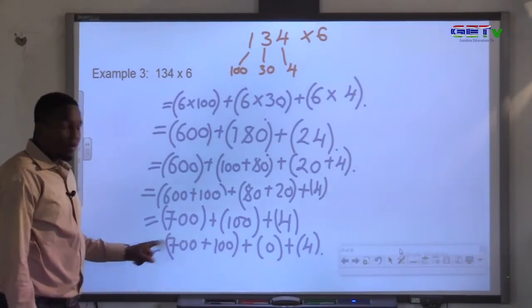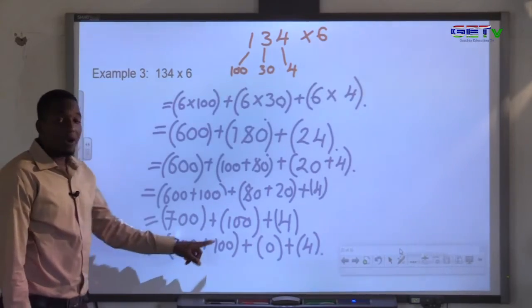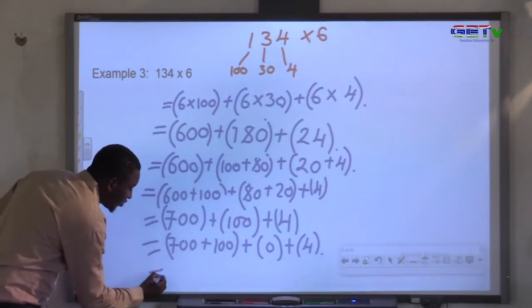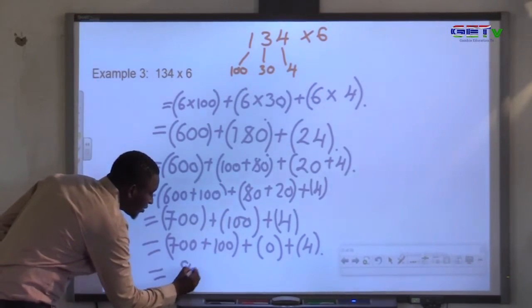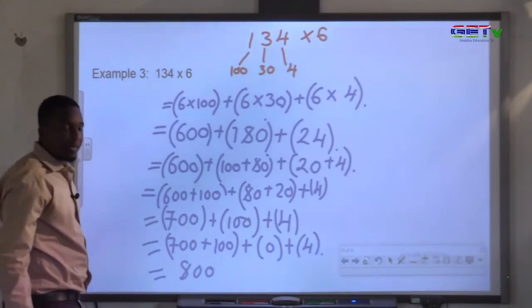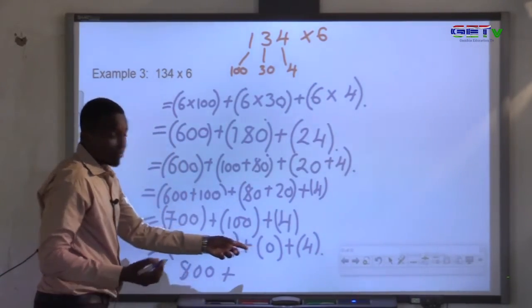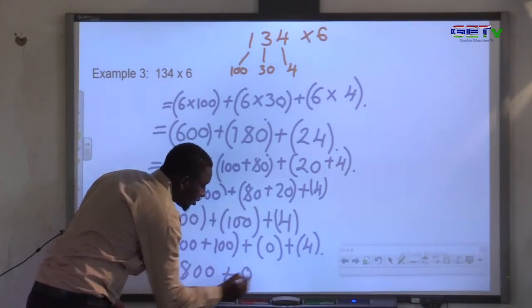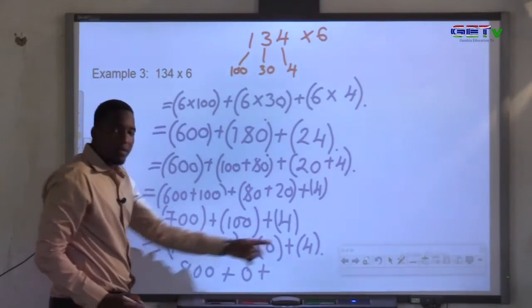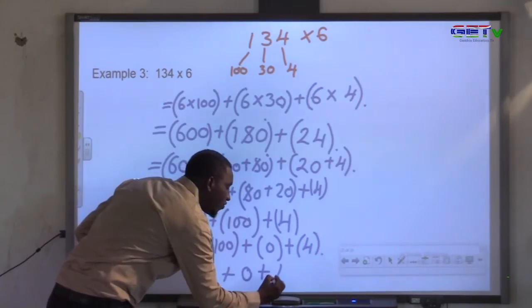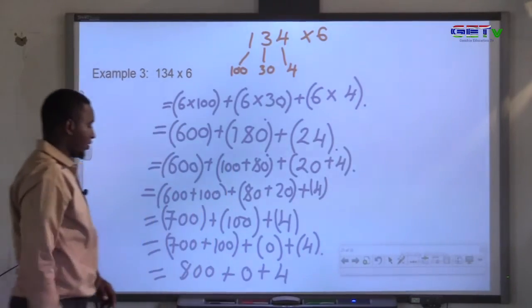If we add 700 and 100, the answer is going to give us 800, plus how many tens? 0 tens, plus how many units do we have? We have 4 units.